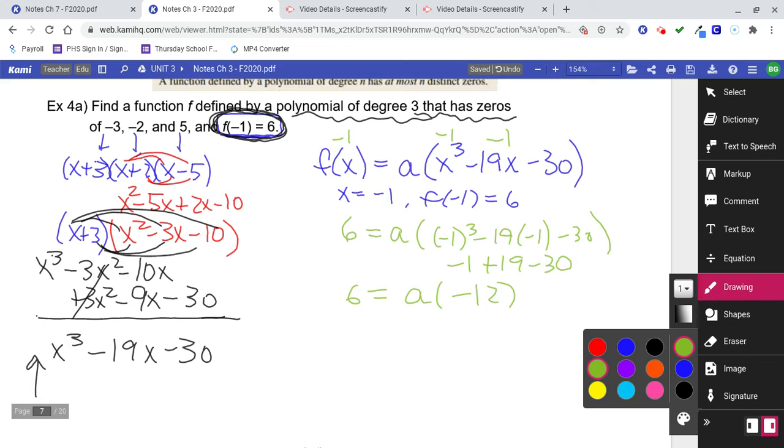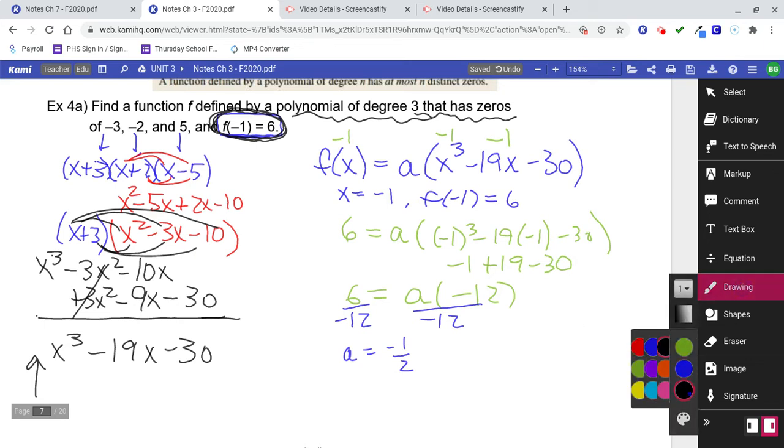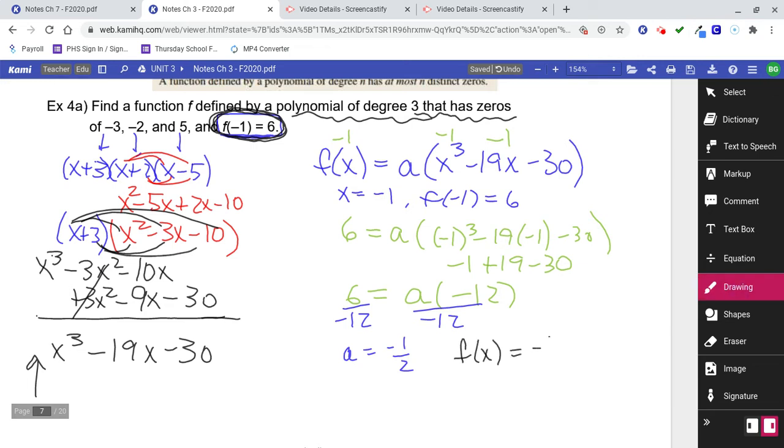All I did was plug in -1, set it equal to 6, and I'm trying to figure out what that a value is. So divide by -12. A equals 6 over -12. A equals -1/2. So then my function, if a was -1/2, all I would need to do is distribute that negative 1/2.